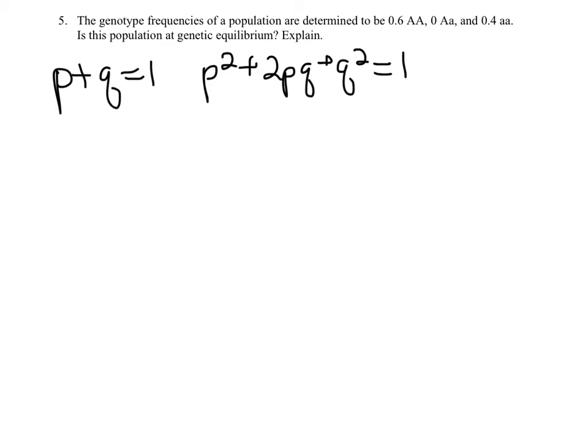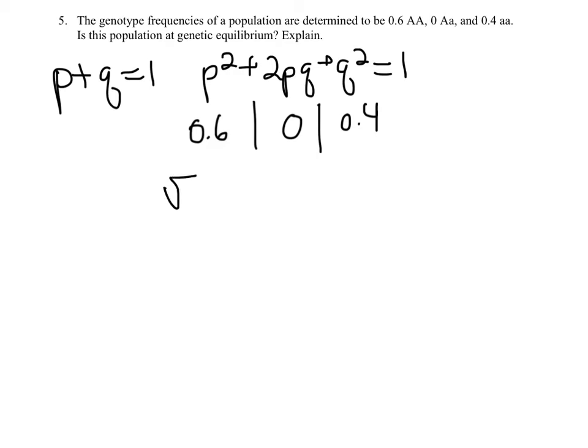Okay, so to be in equilibrium, that means that this equation and this equation must hold true. So since they give us the numbers for these terms here, I'm going to put those below it. So 0.6, 0, and 0.4 are those numbers. And so what I like to do is just to solve for p and q and see if they fit properly into this equation.